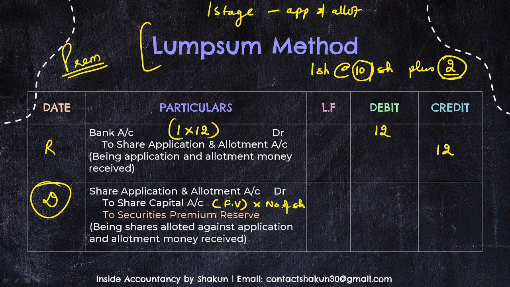The number of shares is 1 and the face value is 10, so in share capital I show 10 rupees. In securities premium reserve, 1 share at the rate of 2, so 2 rupees here, and share application and allotment will be 12 as shown in the previous entry. So when we are receiving, we receive the full value, but in share capital we show only the nominal value, and SPR is credited with the amount of premium.